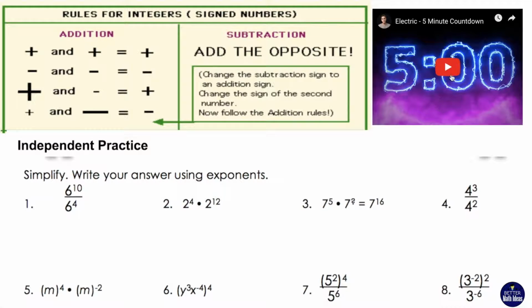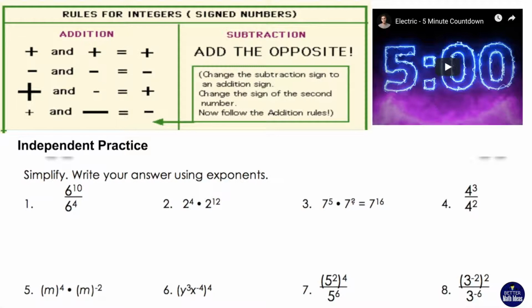Along with the timer, another key modification is some prerequisite knowledge that will be needed in order to complete this task successfully. And that is these rules for integers. This never hurts.